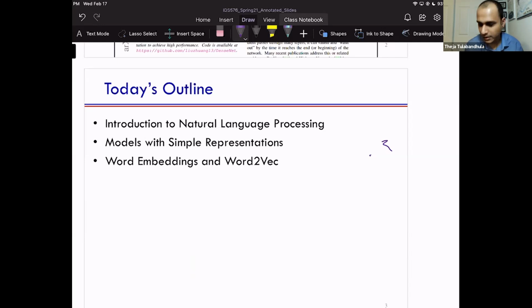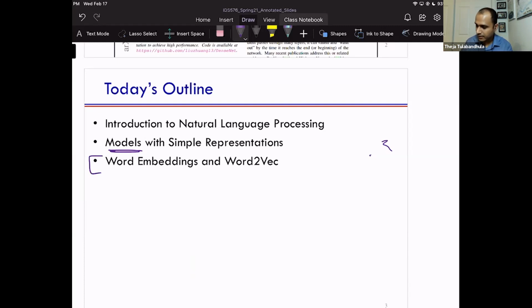So we'll do the session in three parts. First, a very brief overview of NLP and the variations in tasks. Then we'll talk about the simple models that I mentioned, naive Bayes and LDA, and also CNN, which is again a deep learning technique, so CNN-based sentence classification.